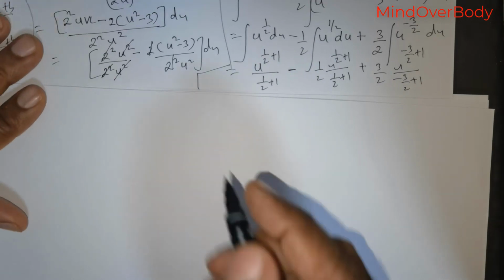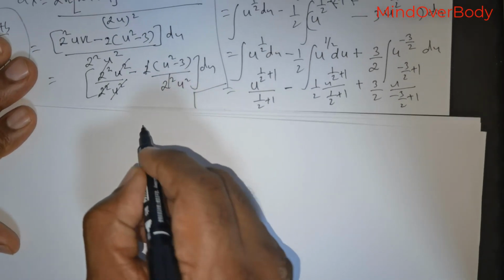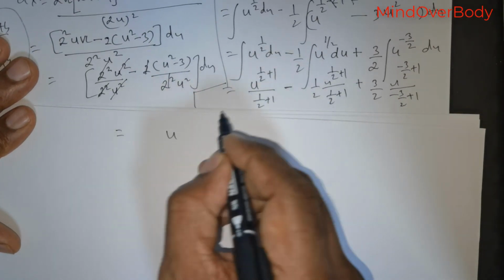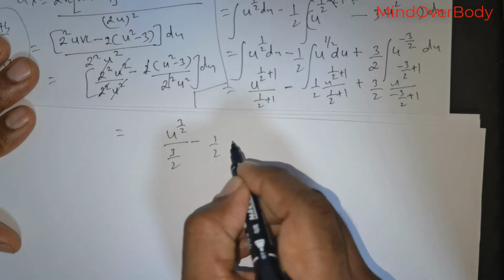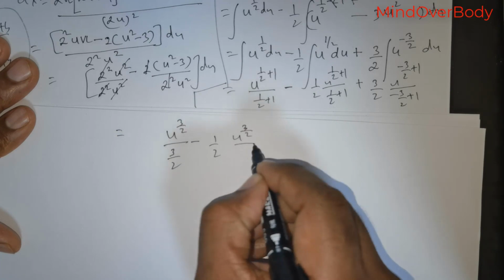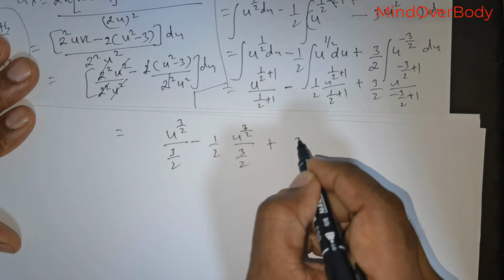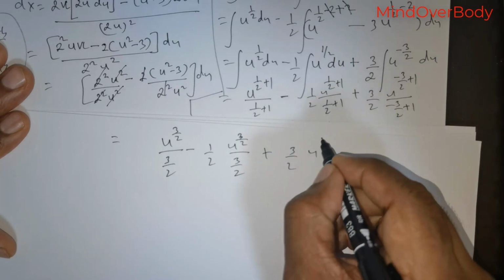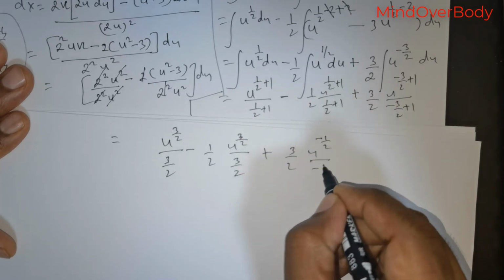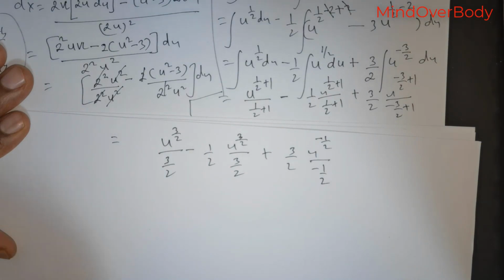Okay, so I can rewrite this as u raised to the power of 3/2 divided by 3/2, minus 1/2 u raised to the power of 3/2 divided by 3/2, plus 3/2 u raised to the power of negative 1/2 divided by negative 1/2.